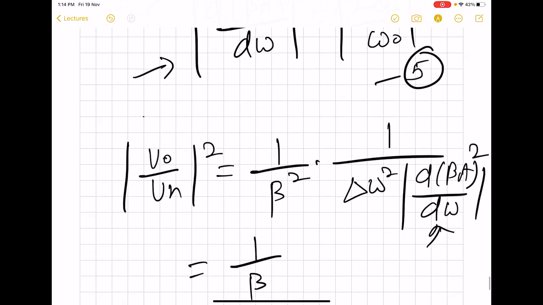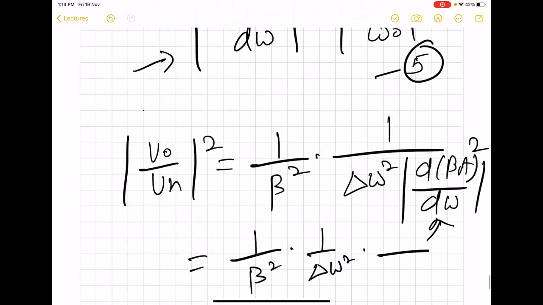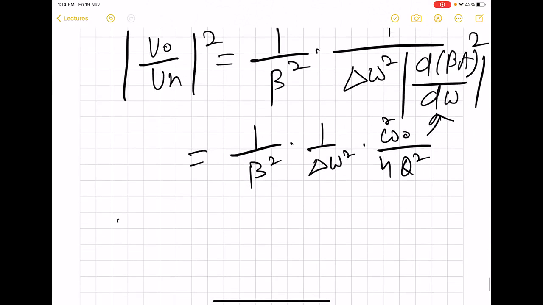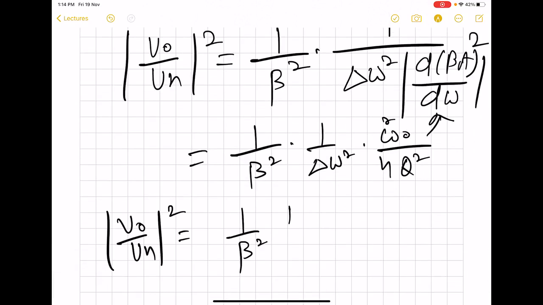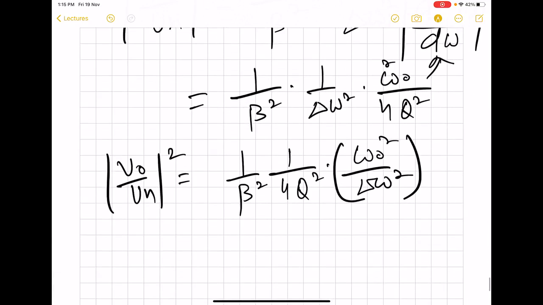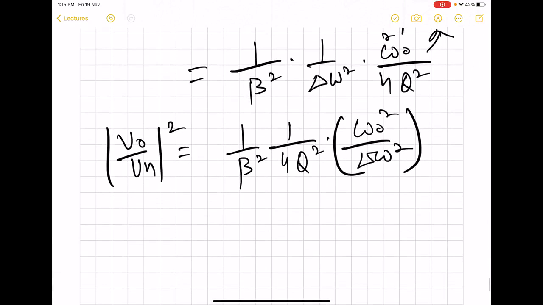So this becomes 1 by beta square, 1 by delta omega square into 4 Q square omega naught whole square. So this one will be the magnitude of the transfer function of the oscillator.